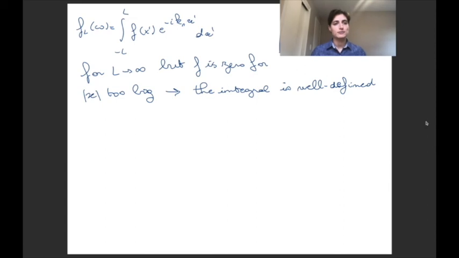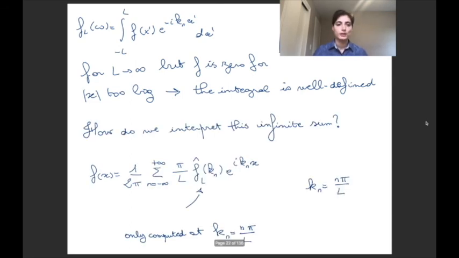So we have this definition of f hat_L(omega), and we want to think about it for L tending to infinity. But we have said that f is 0 for the absolute value of x too big, so that we can understand how this integral is well defined when we're letting L tend to infinity. How do we then interpret the infinite sum that we're using to reconstruct f?